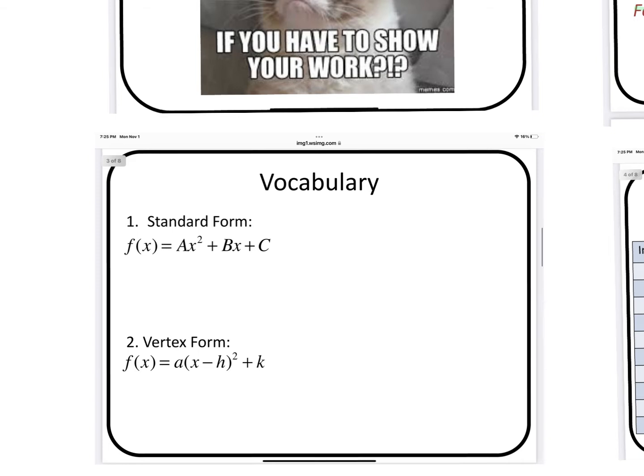Okay, so in the last video and lesson, we had our standard form, which was f of x equals ax squared plus bx plus c. In this form now, we have something that is a little bit different, okay?